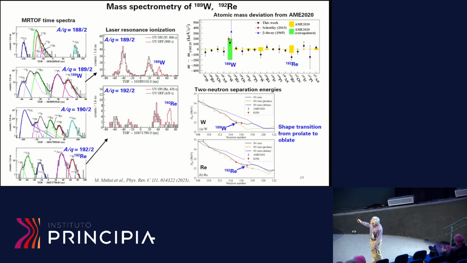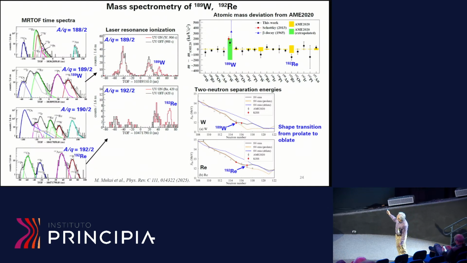Okay, this figure shows the result of the mass spectrometry of tungsten-189 and rhenium-192. This figure shows the MR-TOF time spectrum for the different mass numbers, and by turning the laser on and off, we clearly identify tungsten-189 and rhenium-192. And this shows the results of the atomic mass deviation from the AME 2020.